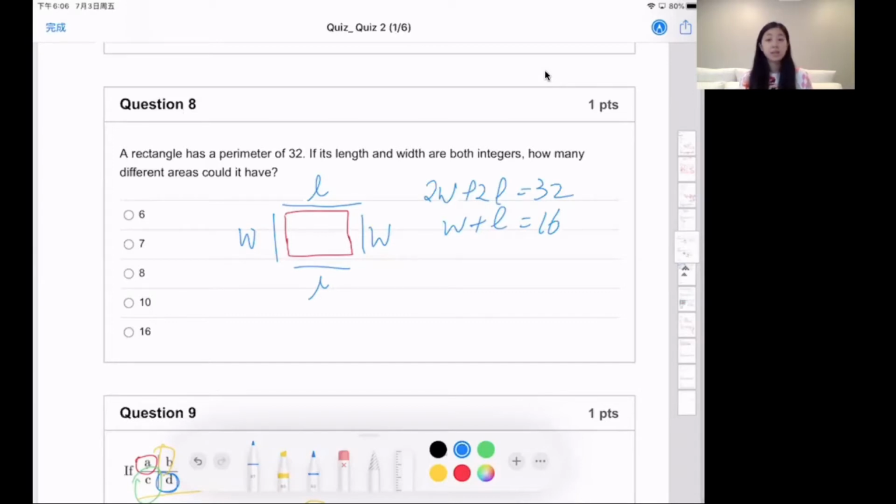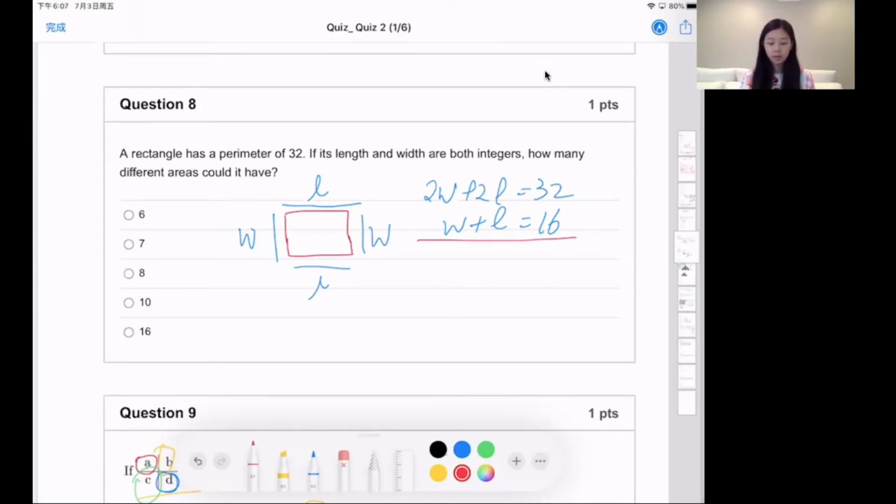What that means is there are a lot of different pairs of width and length so that it can make different areas. So what we can do is find how many pairs of width and length add together to equal 16, right?